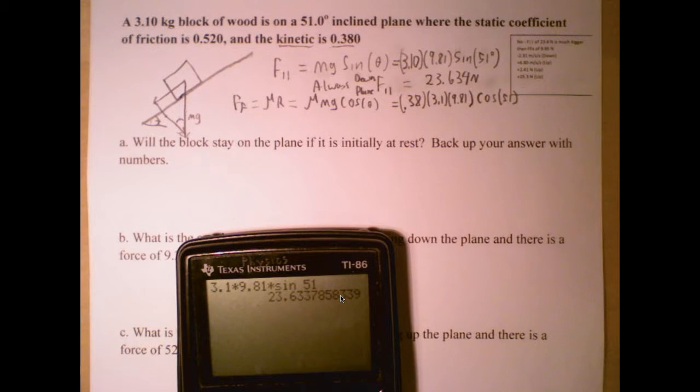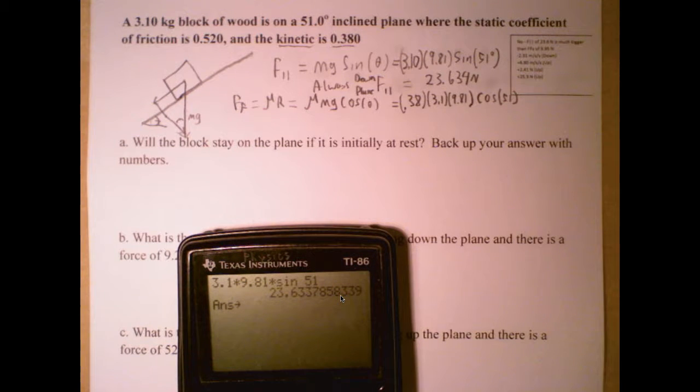Okay, now I've got that thing sitting there on my calculator. I'm going to store that in alpha A. Notice I'm already in alpha mode because this is a TI-86. You would have to type alpha. I'm just going to store that guy there, right? And now I'm going to go, here we go, and then 0.38, not cosine, but cos.